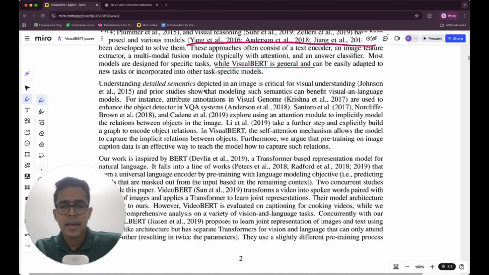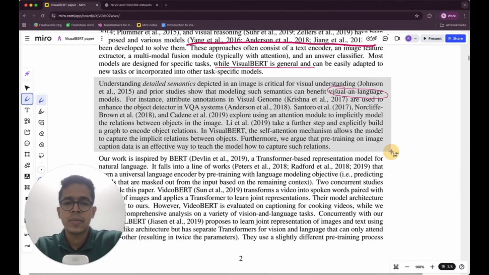Understanding detailed semantics depicted in an image is critical for visual understanding, and prior studies show that modeling such semantics can benefit visual and language models. I don't know, it looks like there is some sort of spelling mistake here. For instance, attribute annotations in visual genome are used to enhance the object detector in VQA systems. Now, I'm not familiar with visual genome.